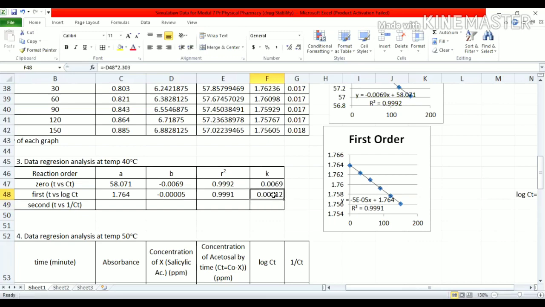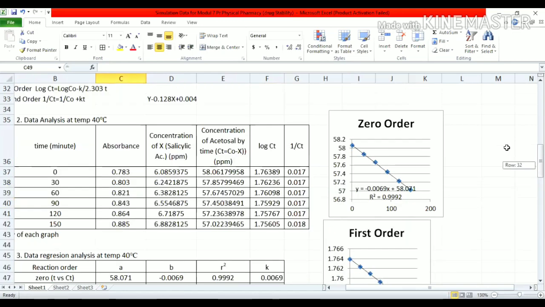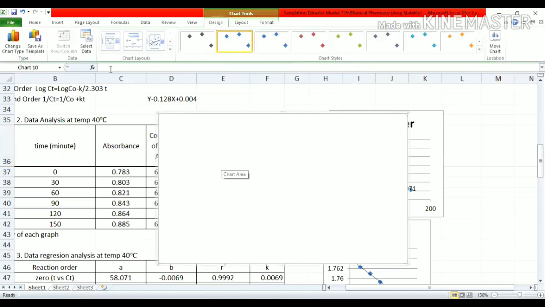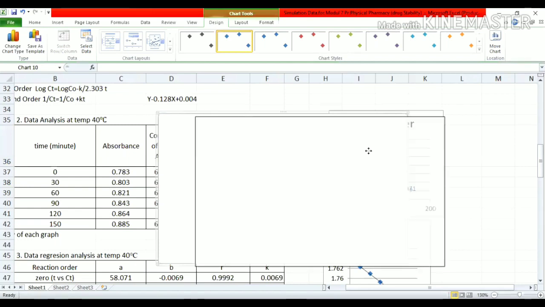For the second order reaction, the x-axis will be the same, it's still time, and the y-series is the 1 per concentration of acetosol by time.